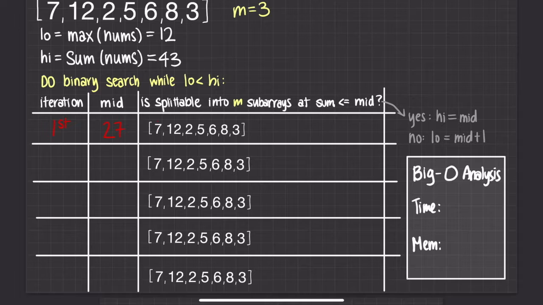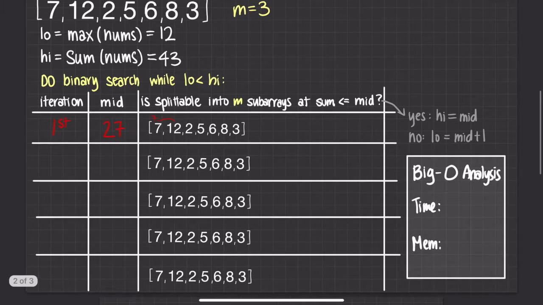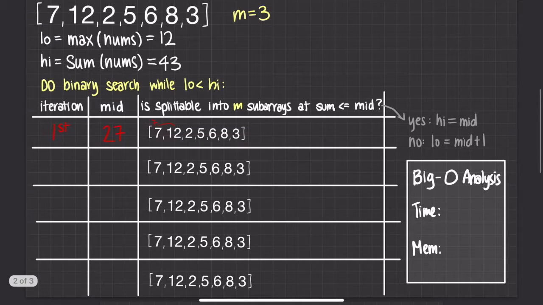If we start at 7, that's a sum of 7, less than 27, so we continue. 7 plus 12 gives us 19, still less than 27, we continue. Here we get 21, 26, and we stop, because if we add the 6 afterwards we're going to get something greater than 27. So this is one subarray.